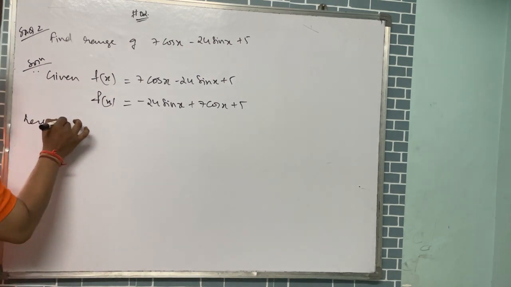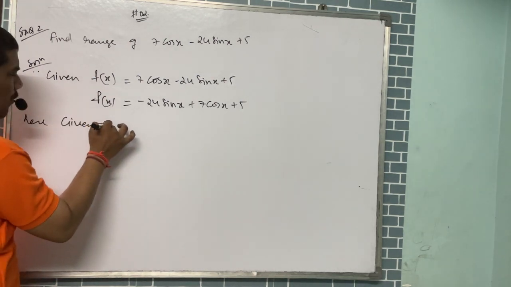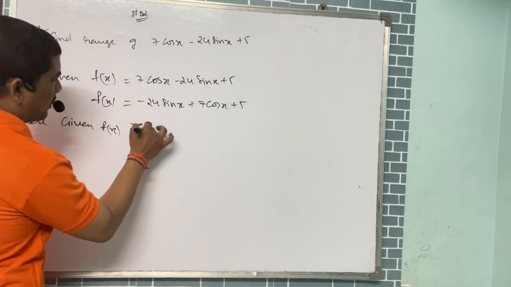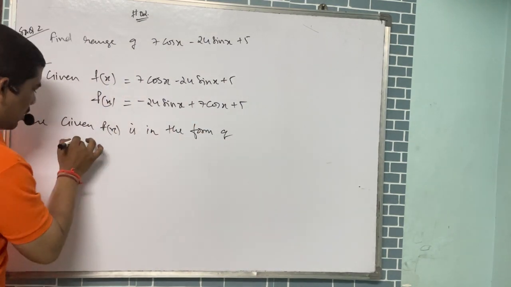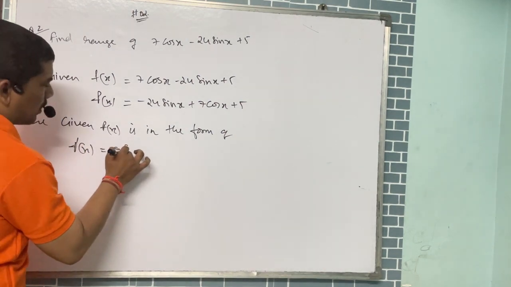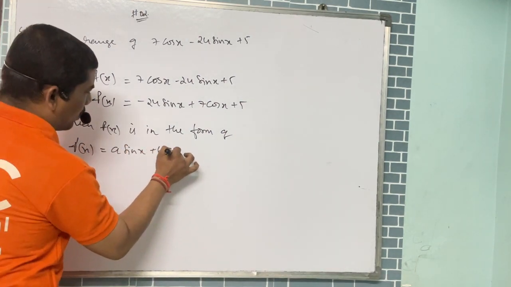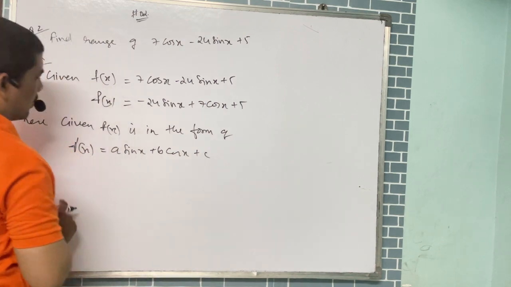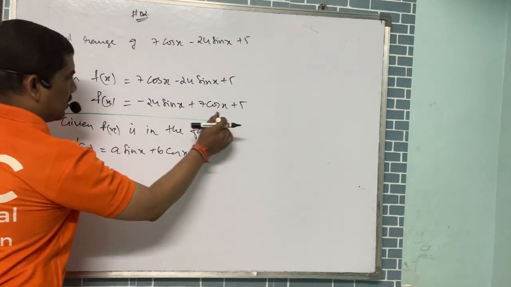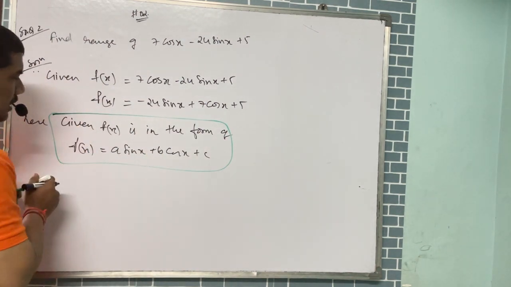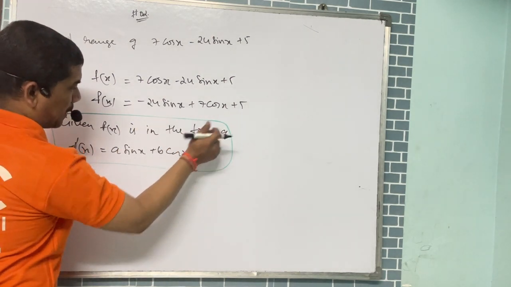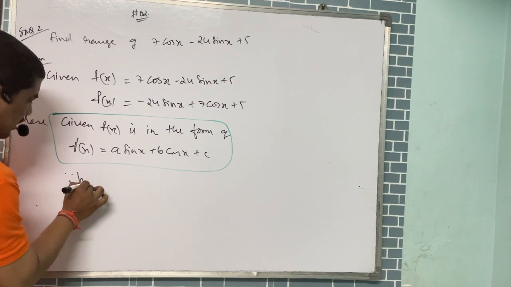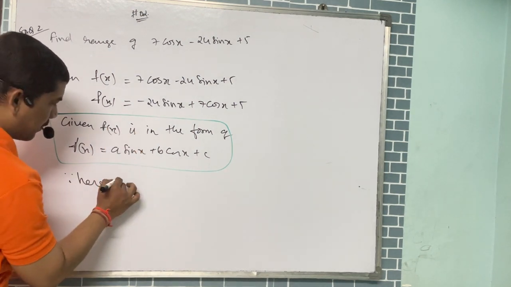So here, the given f of x is in the form f of x is equal to a sin x plus b cos x plus c. Isn't our function in this form? So therefore, what is a?